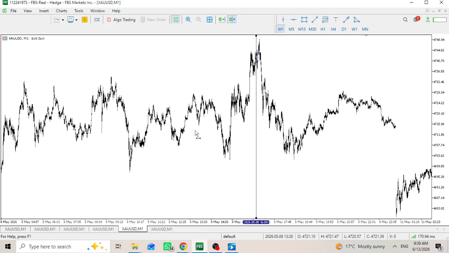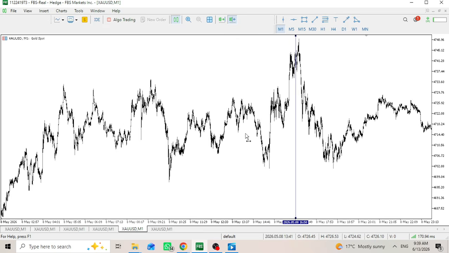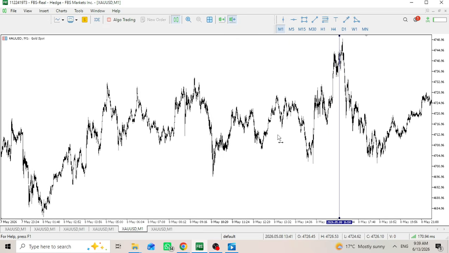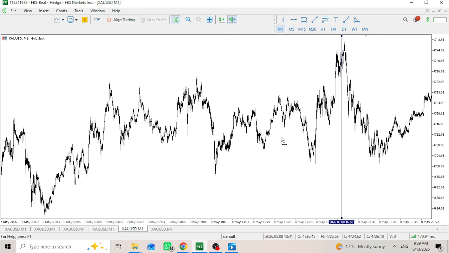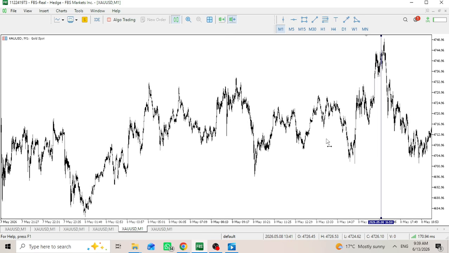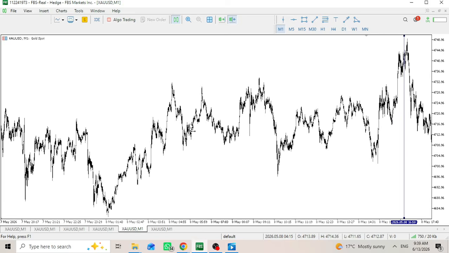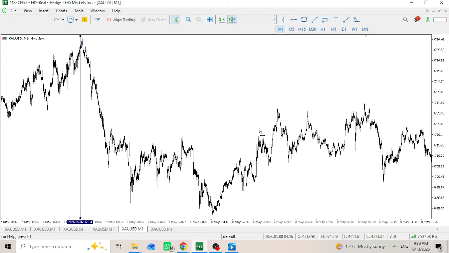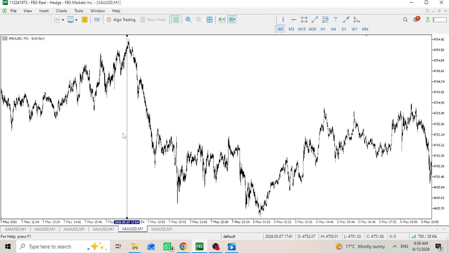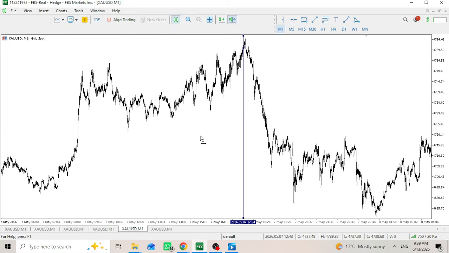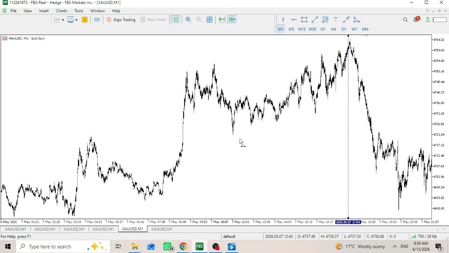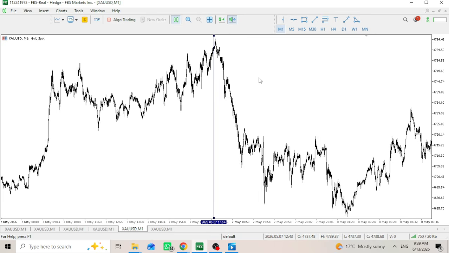This is very hard for beginners to digest, but when you use time, it's very easy to know what is happening. I have compressed this chart this way because I want to show you something. Now let me enlarge it.